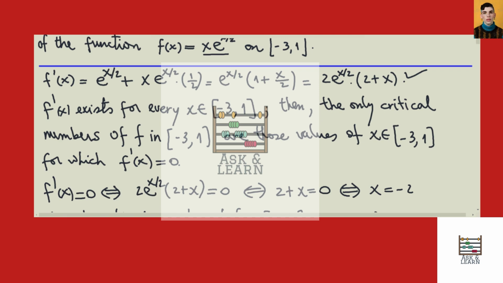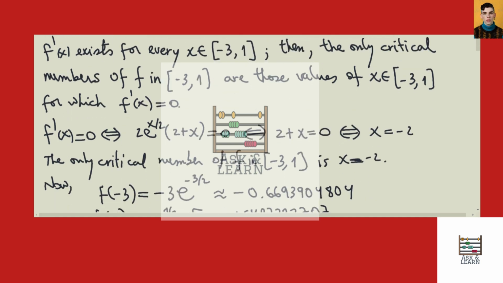So to find the critical numbers, we find the first derivative. We notice that that derivative exists for every value of x in the interval, and so the only critical numbers of f in that interval are those values for which the derivative is 0. We state that equation, first derivative of f equals 0, and for that we get that the only critical number of the function in the interval from -3 to 1 is -2.